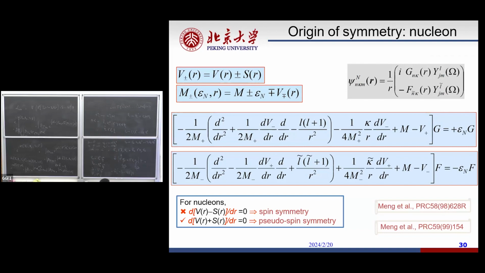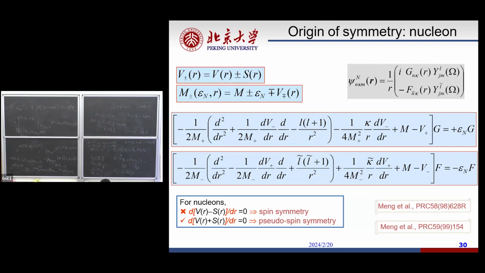So we have spin symmetry for the nuclear state.